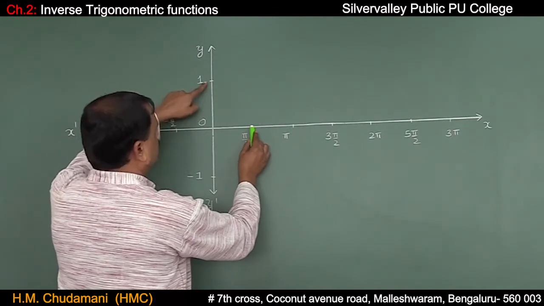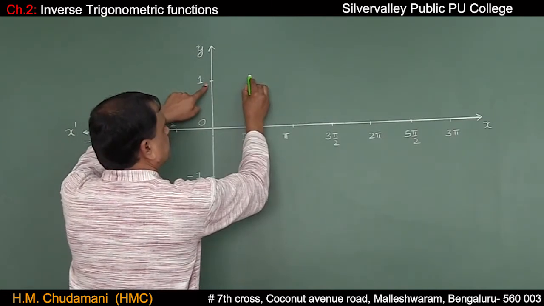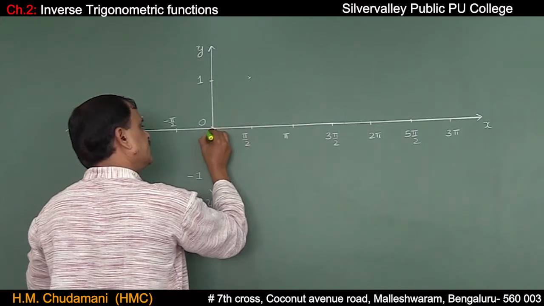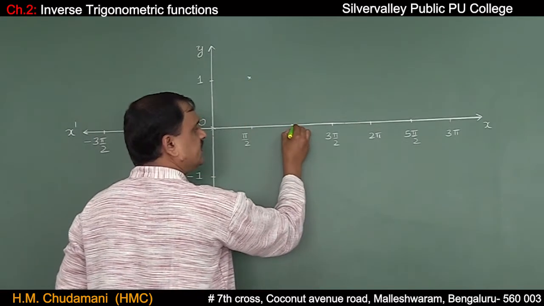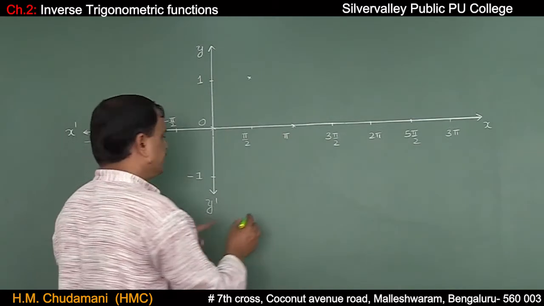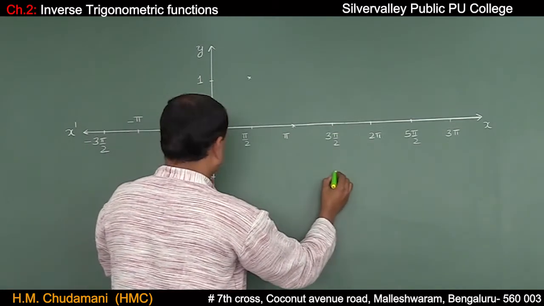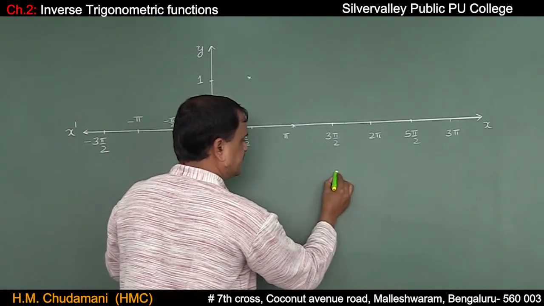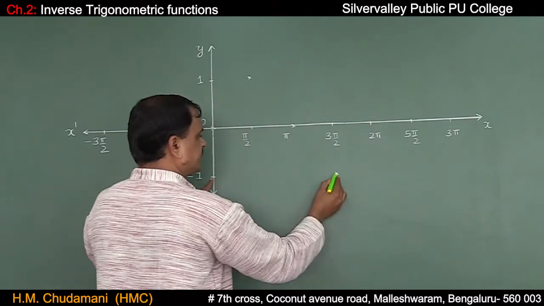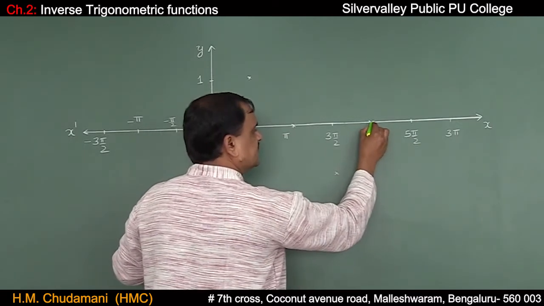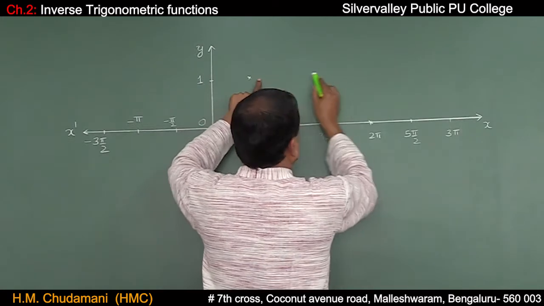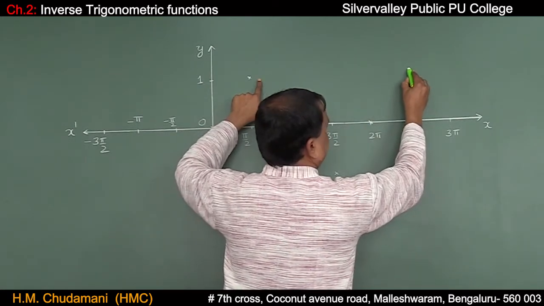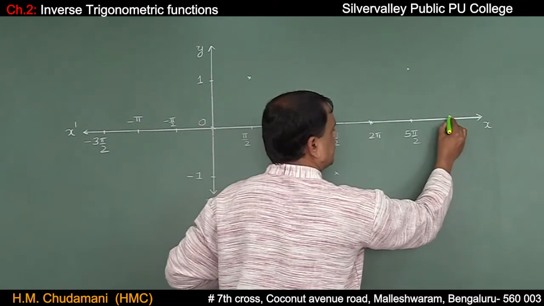Sine pi by 2 is plus 1, sine 0 is 0, sine 180 degree is 0, sine 270 degree is minus 1, sine 360 degree is 0, sine 5 pi by 2 is plus 1, sine 3 pi is 0.